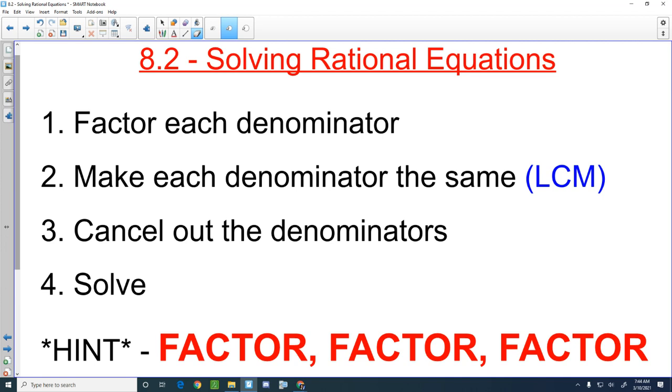Step 1, just like multiplying and dividing and adding and subtracting, is you want to factor everything. Break every single polynomial apart into as many smaller components or smaller factors as you can. So you can see those individual parts, just like that third warm-up problem, how we factored it first, then we could see that there was some stuff in common already.